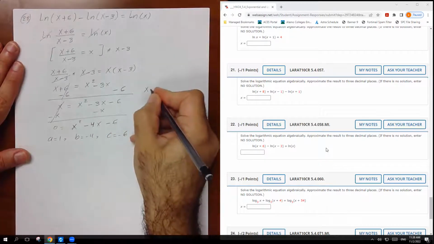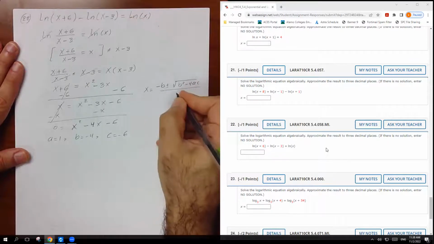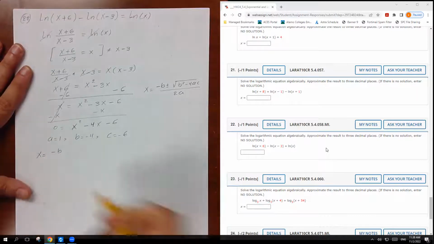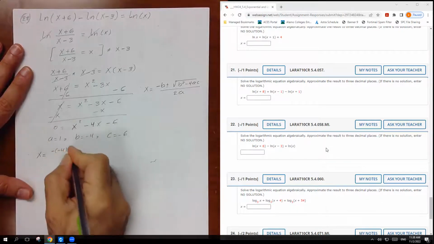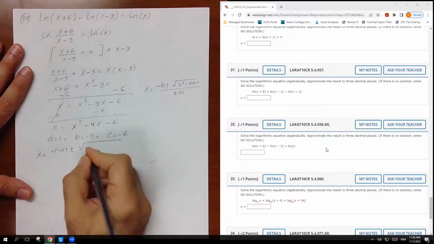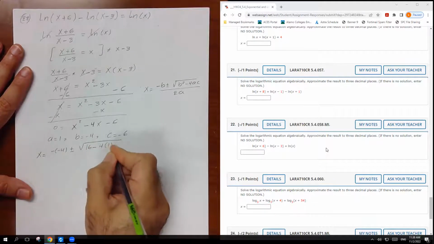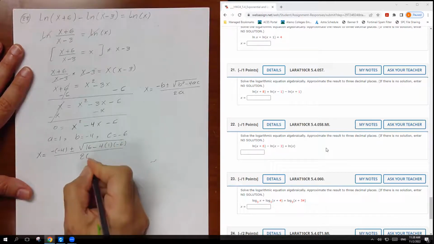So the formula says x equal negative b plus or minus the square root of b squared minus 4 times a times c, divided by 2a. So it's going to be x equal negative b, which is negative 4, plus or minus the square root of b squared, so it's going to be 16, minus 4 times a times c, which is negative 6, divided by 2 times 1.